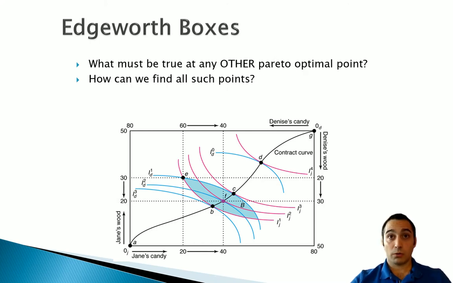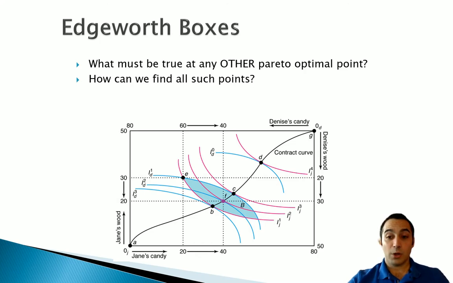However, you will note there's a lot of points, like F, that make both girls better off and don't harm either girl. You'll note that if I move from E to any point inside this line between B and C, I will have the same phenomenon. That is, both the indifference curves will meet and be tangent at all points along this line.